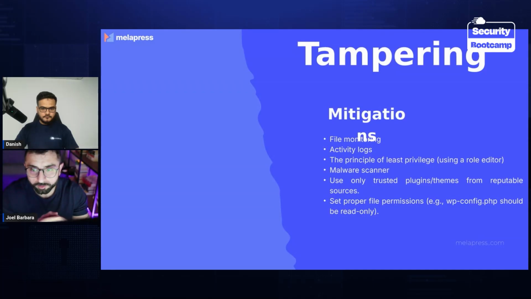So one way is through file monitoring. For example, at MelaPress, we have a completely free plugin called MelaPress File Monitor. When you do a scan, it will create a hash of all files and all directories. Next time you scan, it will create another hash and compare the new hash with the old hash.